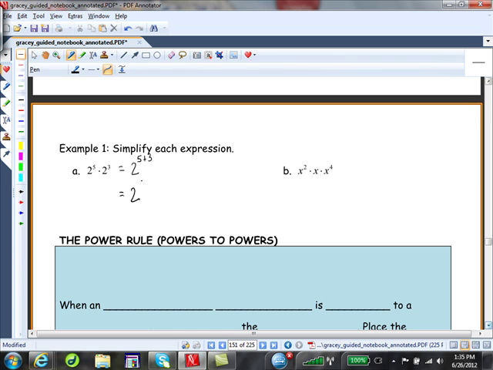This gives me 2 raised to the 8th, and we can calculate 2 multiplied to itself 8 times turns out to be 256. So you go ahead and try part B. Pause the movie and try part B.